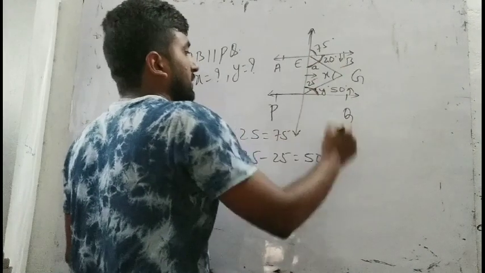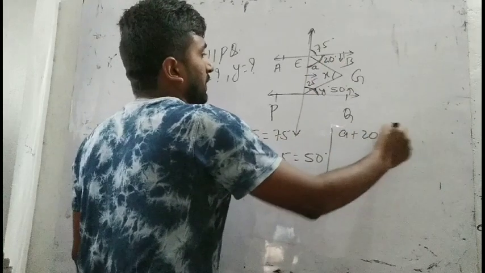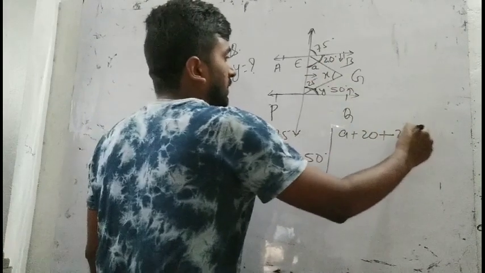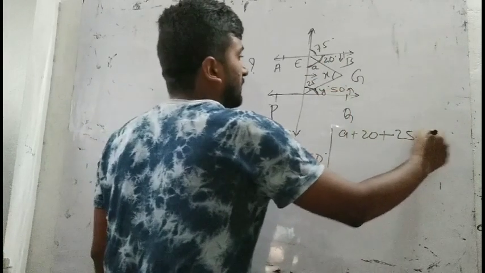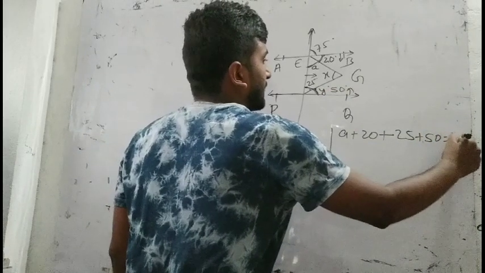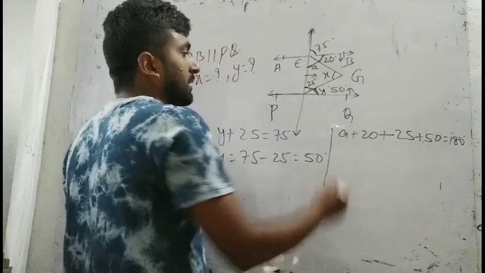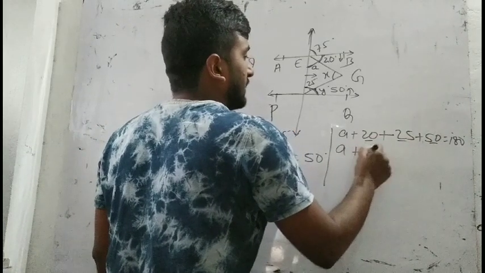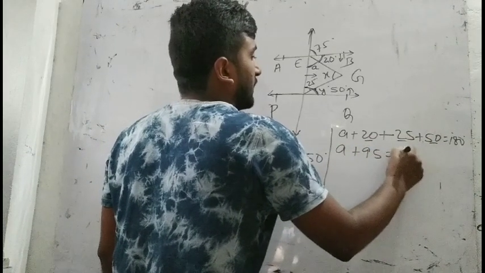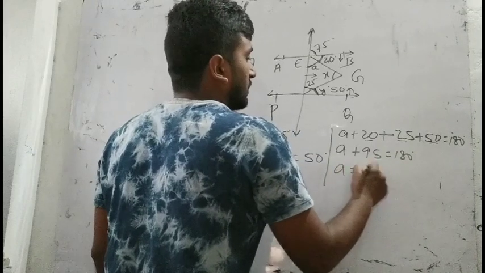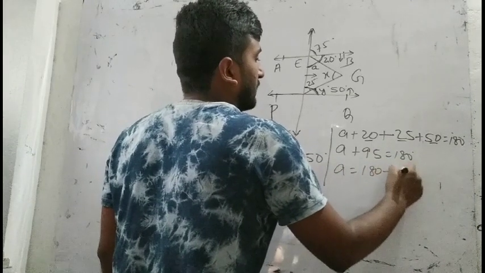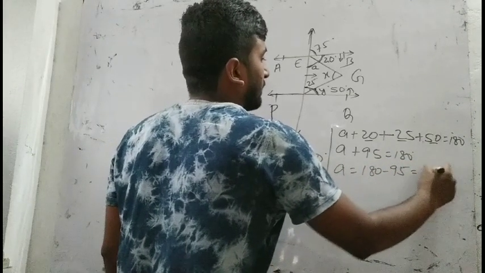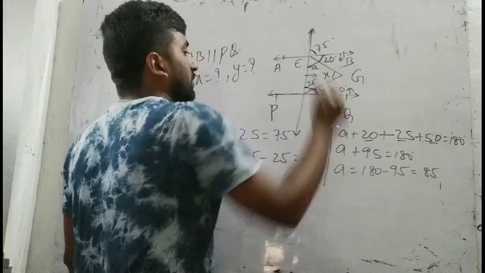Here A plus 20 plus 25 plus this also 50 is equal to 180 degrees. Okay, so angle A, this is 75 plus 20, this is 95, is equal to 180 degrees. Then A is equal to 180 minus 95, that is equal to 85. Here angle A is equal to 85.